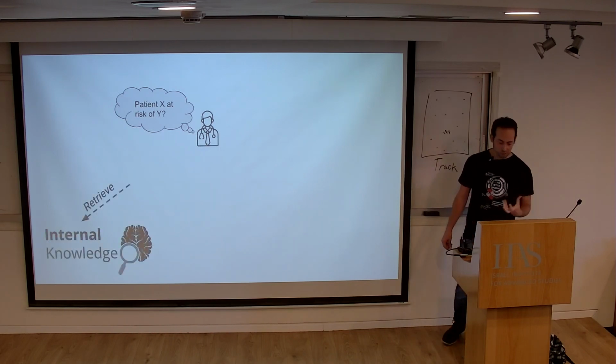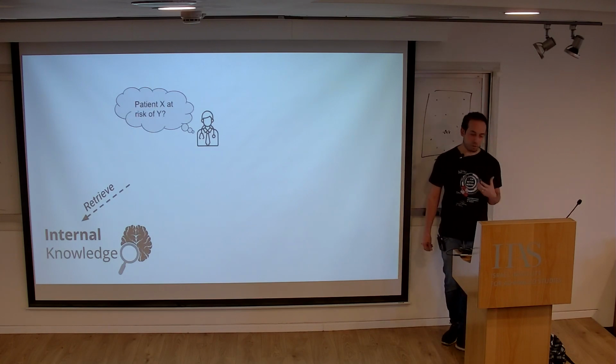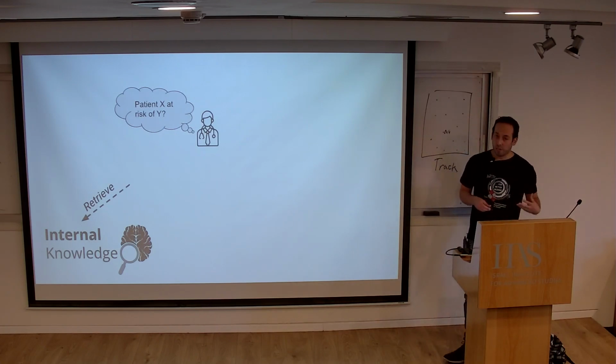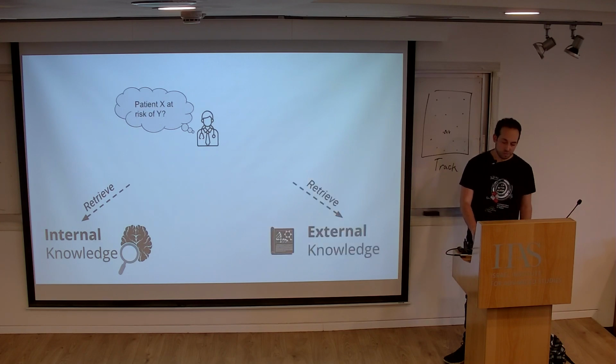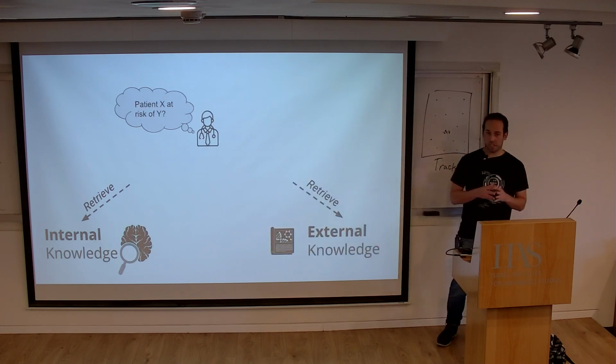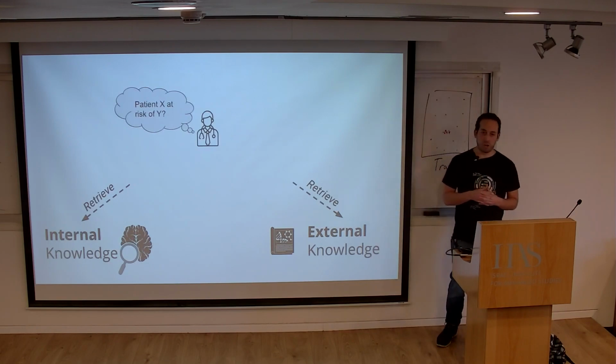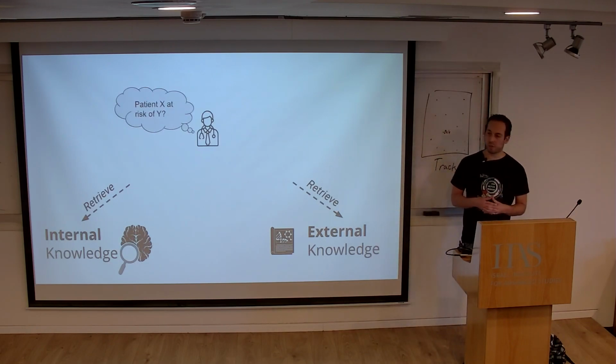The physician will retrieve from their, so to speak, internal knowledge and experiences relevant knowledge for making this decision. And in complex cases, where the physician needs to complement their internal knowledge, they will go to external knowledge sources like UpToDate and PubMed and try to find more knowledge to either confirm their hypothesis or maybe change their decision.